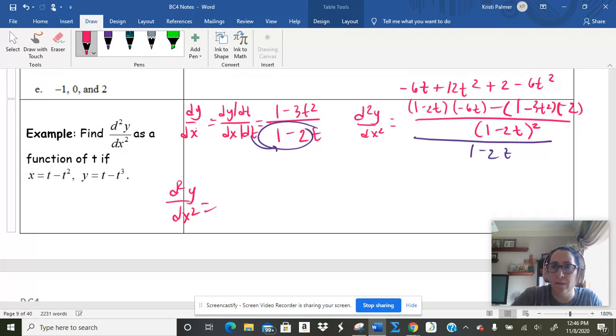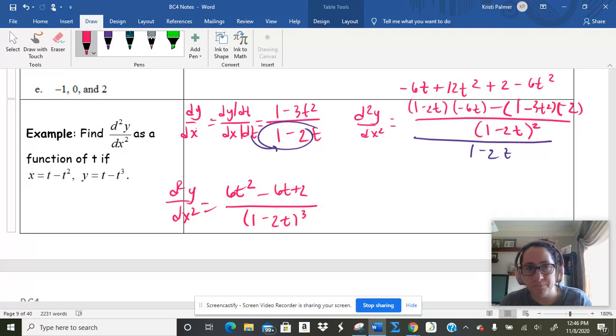Putting all that together, 6t squared plus, just kidding, minus 6t plus 2 all over this. Remember, when we divide by it, we can put it all together now, cubed. And feel free to factor out a 2 here, but it really doesn't help me much, so I'm going to leave it.